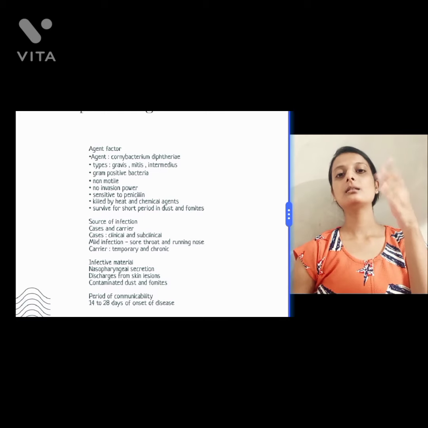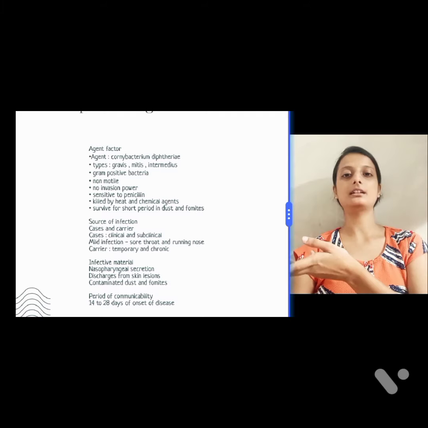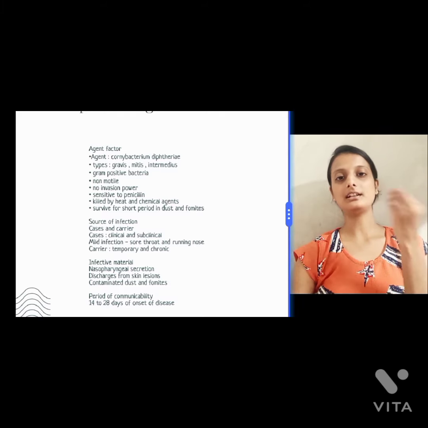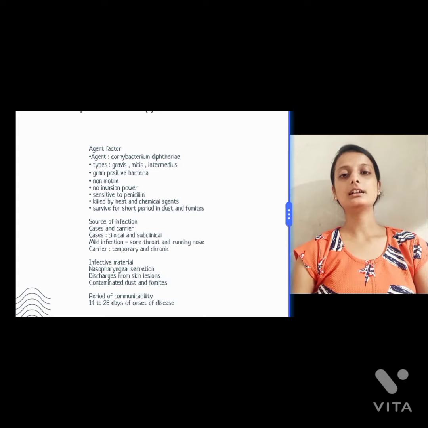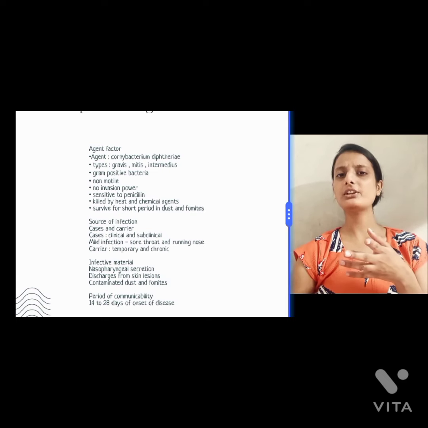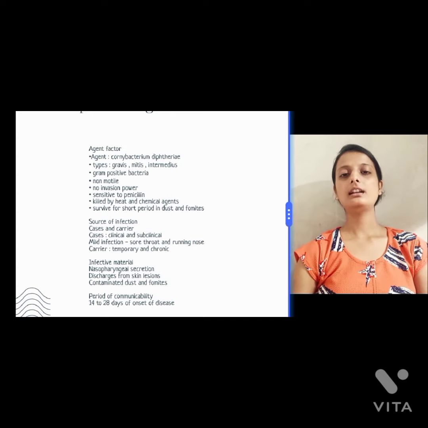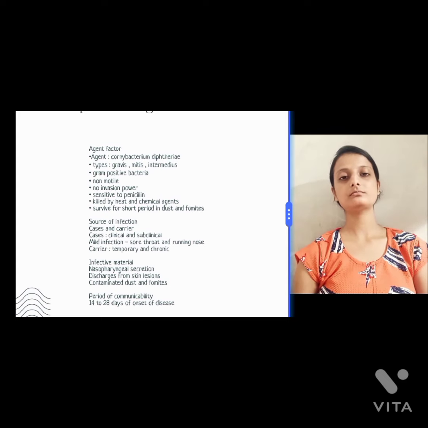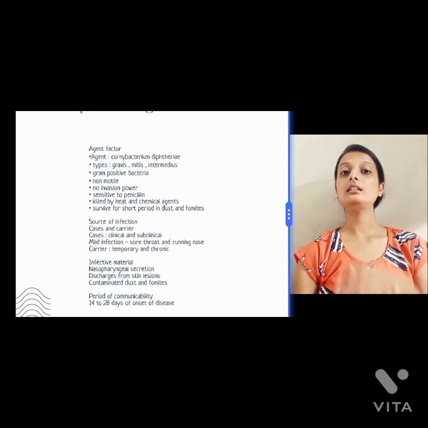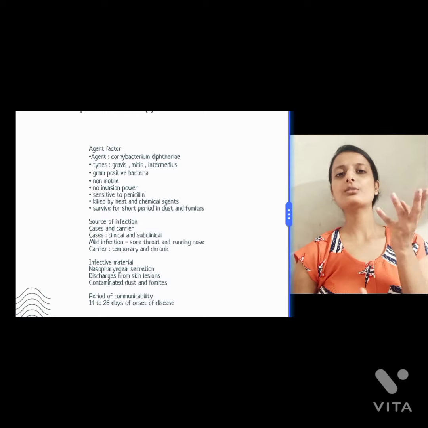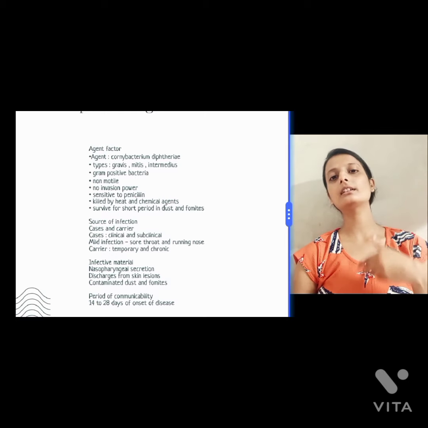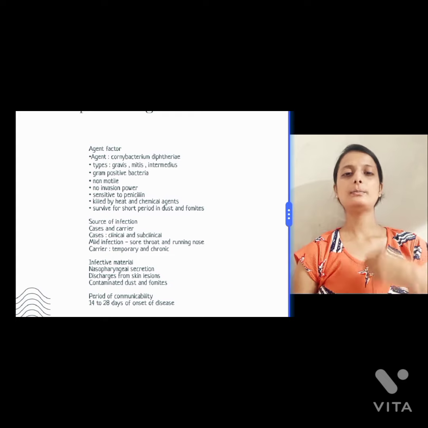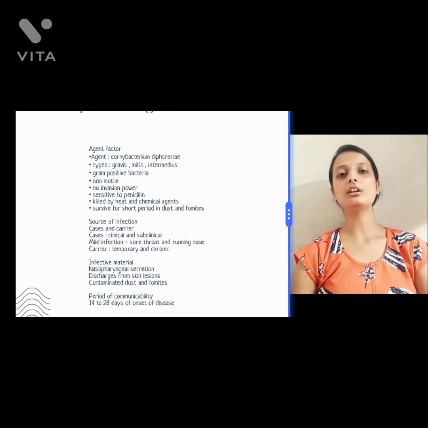Cases may be clinical or subclinical, and the people having mild infection are likely to have minor symptoms like sore throat, running nose, etc. Among the carriers, there are two types: either they are temporary or they are chronic carriers. Depending on that, the person remains a source of infection for a period of time.